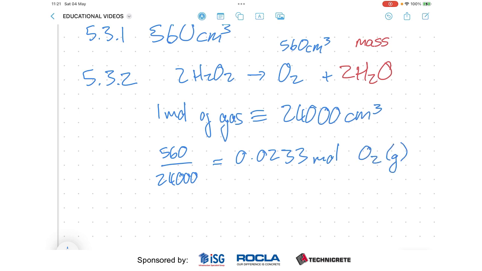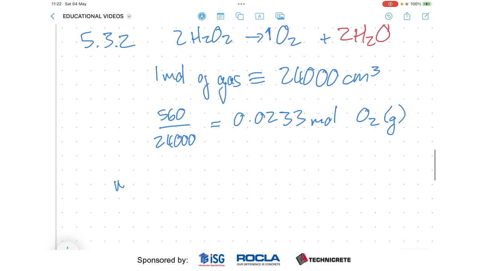And what we can see here is that the molar ratio, there's a 1 here, don't have to write it, but it's there. The molar ratio of O2 to H2O is 1:2. So for every mole of O2 produced, double the amount of H2O is produced. So with this in mind, we can calculate our moles of H2O.